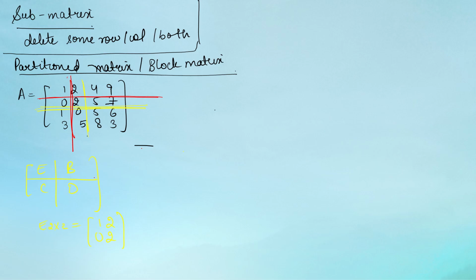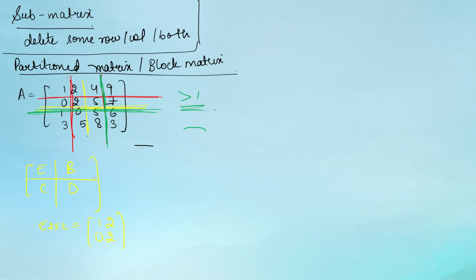And this is your third partitioning. So there could be more than one way of partitioning your matrix. This was just for your understanding. This was not a question, but I wanted you to understand how we can partition our matrix.